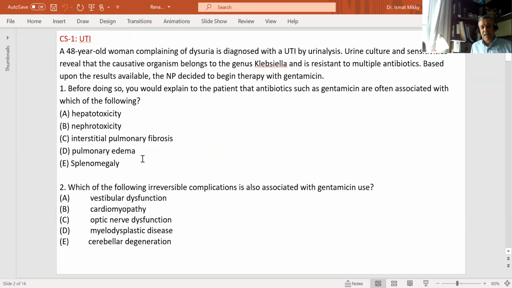Okay, so the first case study: a 48-year-old woman complaining of dysuria is diagnosed with a UTI as a result of the urinalysis, UA.